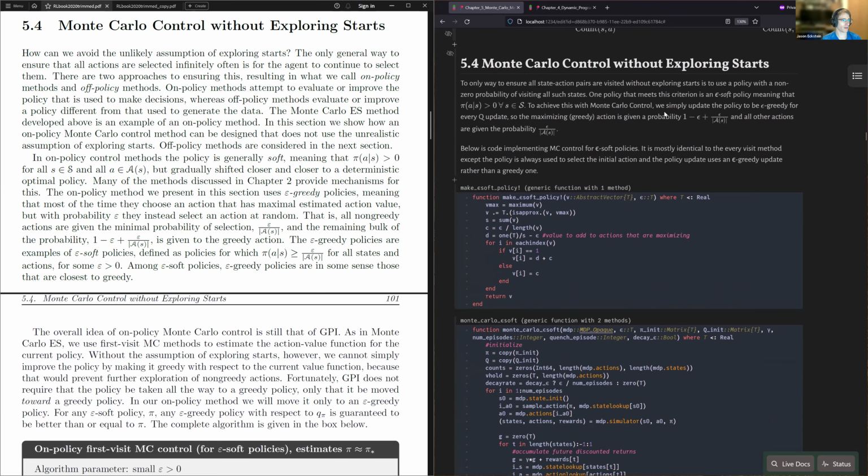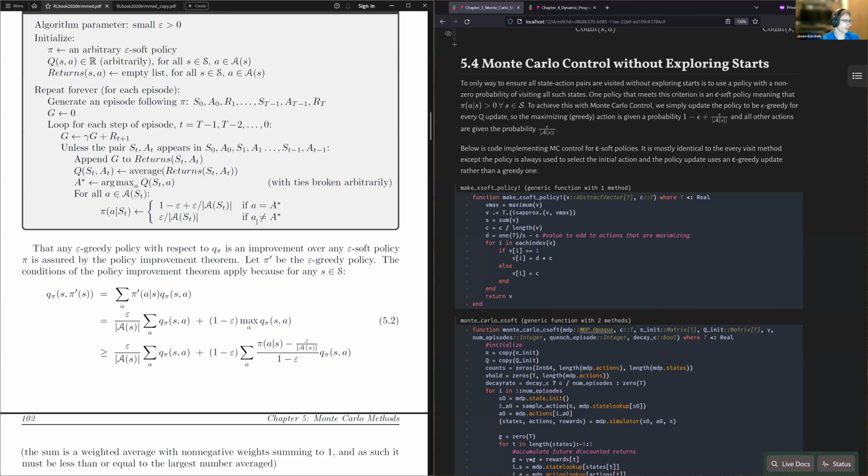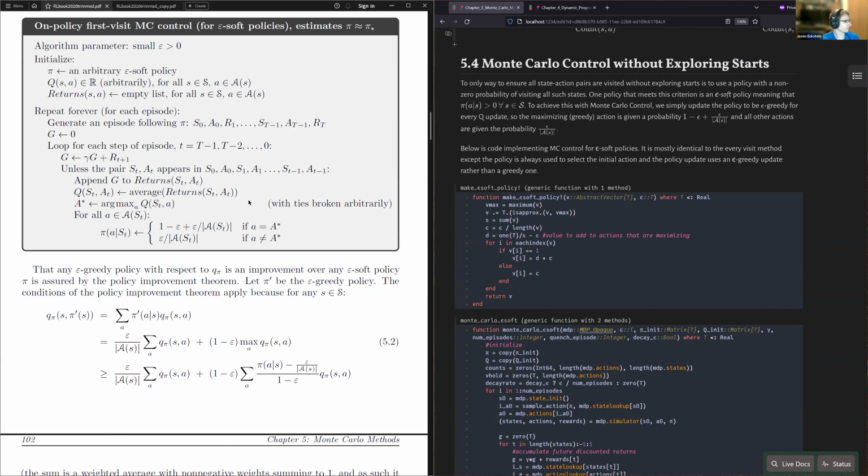If we instead use an epsilon greedy update, this maintains some small probability, depending on whatever epsilon is, of taking random actions. That also ends up guaranteeing that we visit every state action pair.